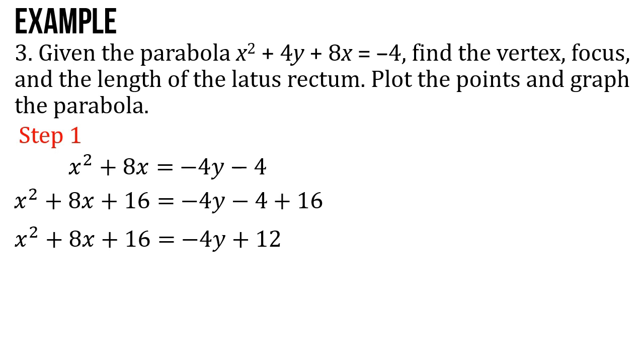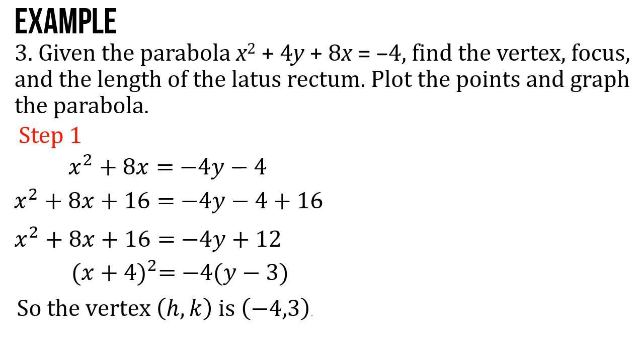So x squared plus 8x plus 16 is a perfect square trinomial, and it can be expressed as x plus 4 squared. On the right side of the equation, just factor out negative 4, so you're going to have y minus 3. Here, you have now x plus 4 squared equals negative 4 times y minus 3. That equation is already in standard form.